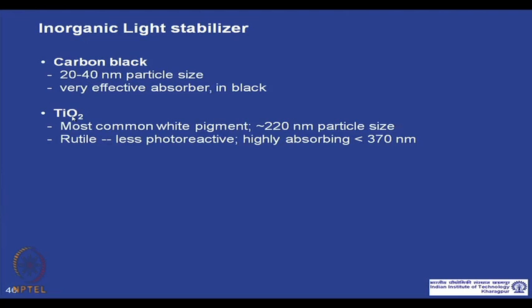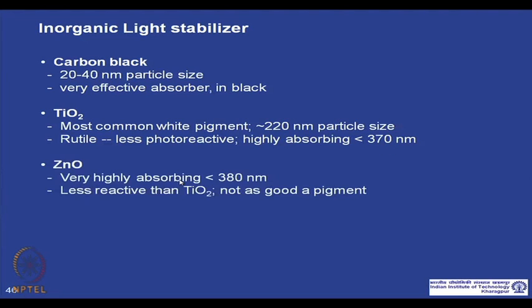Titanium oxide is another UV absorber which absorbs highly below 370 nanometers. Other examples could be zinc oxide and iron oxide, and some other pigments can also be used, but though these inorganic light stabilizers protect from UV light, they have some other problems which basically prevent their use in practical applications.